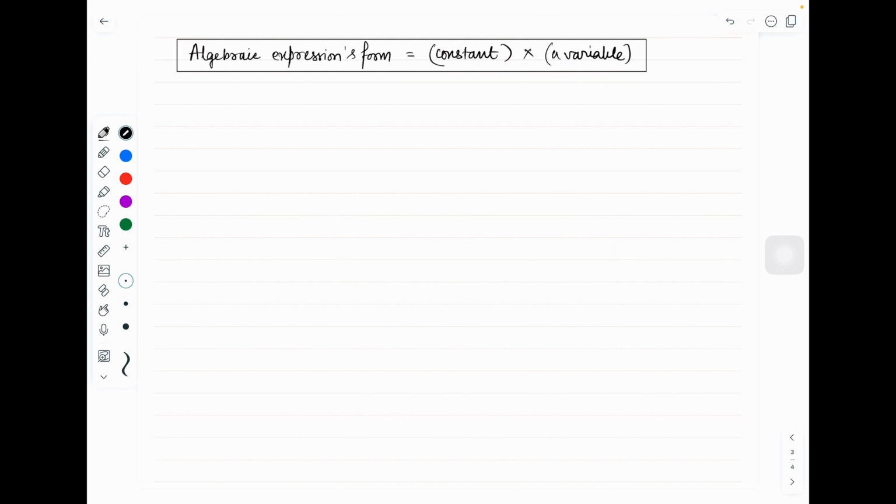You multiply a constant with a variable. Okay, understanding? Now polynomial of one variable.